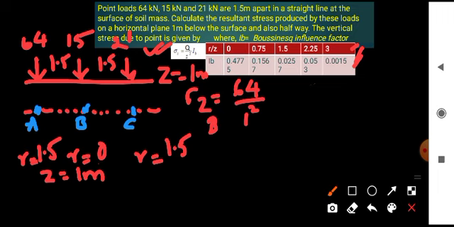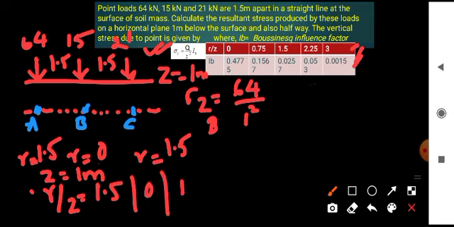Now the R by Z values: the first one is 1.5, the second one is going to be 0, and the third value is again 1.5. So whatever load we are taking, for example B, the R value is going to be 0 for that. Likewise you have to consider.